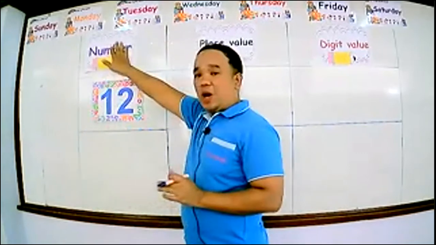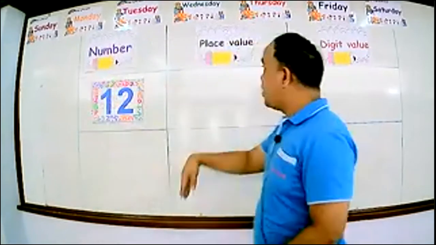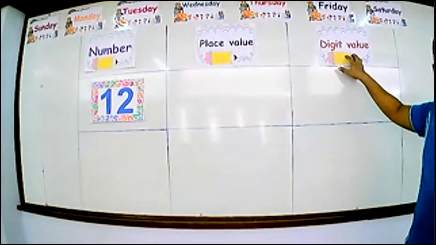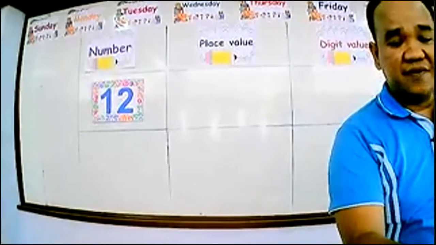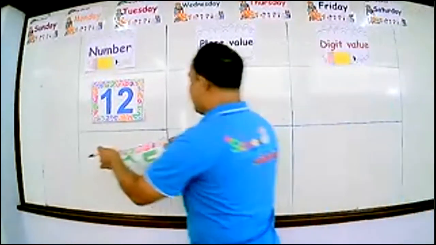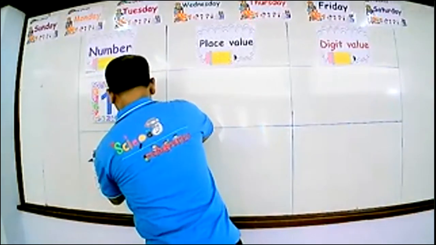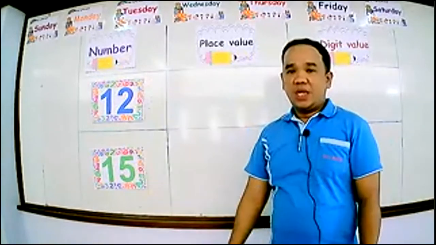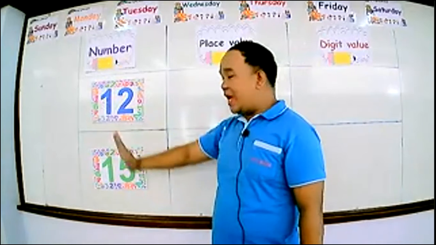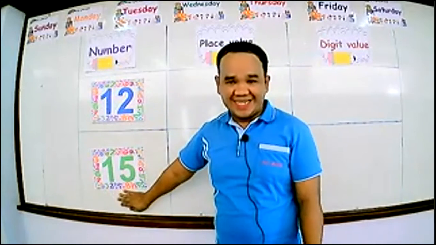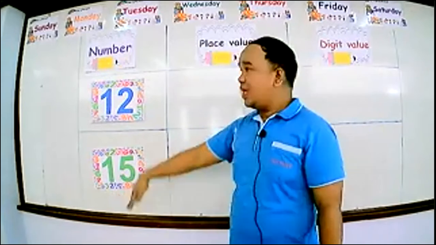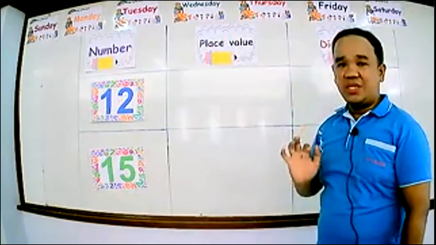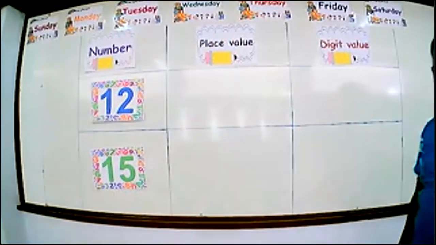On our board, we have number, place value, and digit value. Let us identify who is the place value and who is the digit value. We have two numbers, 12 and 15. This is the number.